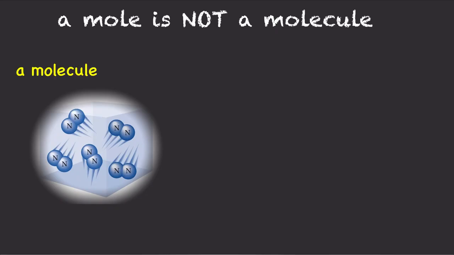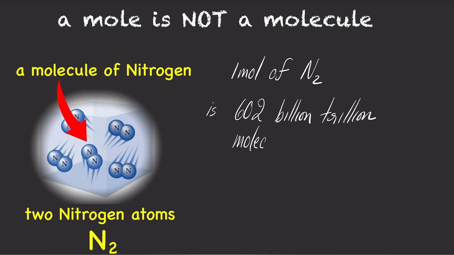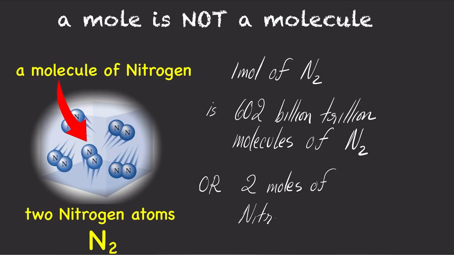Likewise, a molecule of nitrogen has 2 nitrogen atoms, and a mole of nitrogen would have 602 billion trillion molecules of nitrogen. So 1 mole of nitrogen molecules actually has 2 moles of nitrogen atoms.